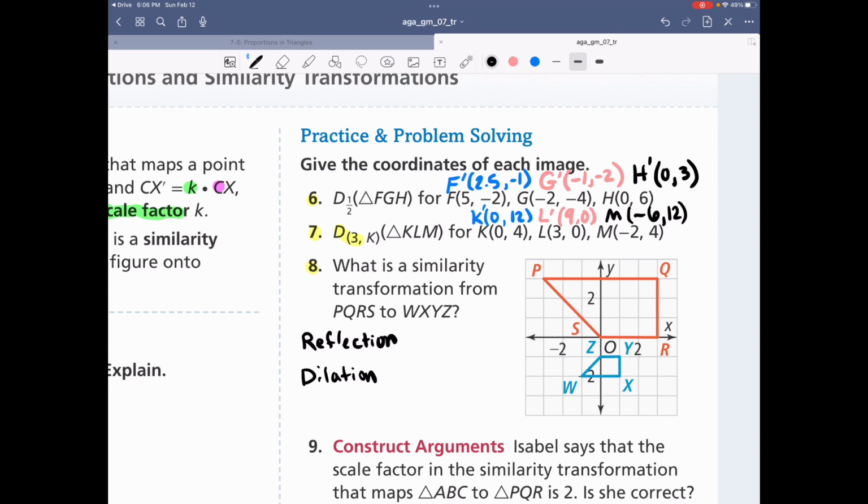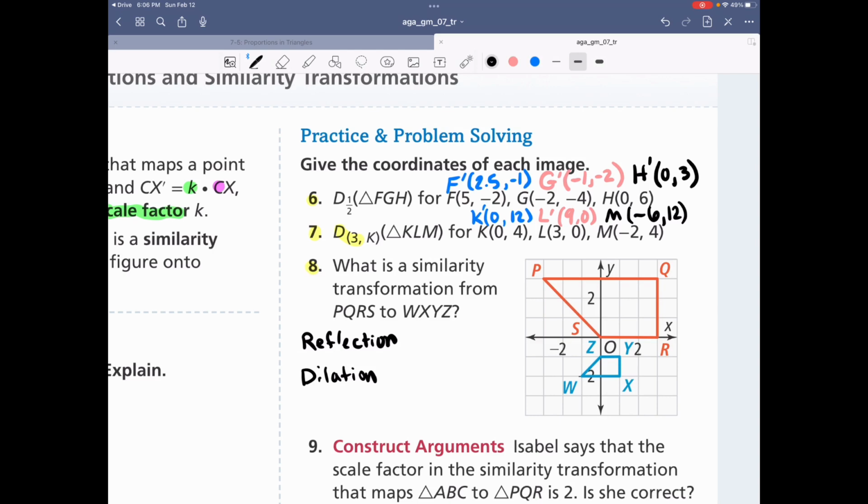Because we're reflecting, it looks like we're reflecting over the x-axis. But then we have to translate it down, because if we just dilate it, it's going to be at 0, and when we multiply by 0, it's just going to stay at 0.